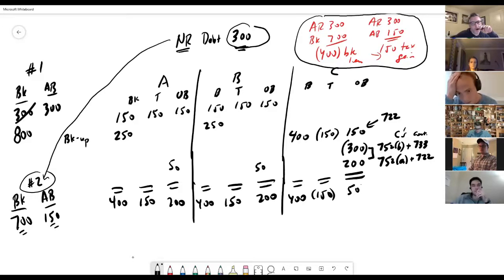But before we get to that, I'll change the one fact. I'm going to make it remedial. But any questions on anything before we get to change the fact pattern? Any questions on this? So if it were remedial, what would end up happening, and we got A, B, and C here.